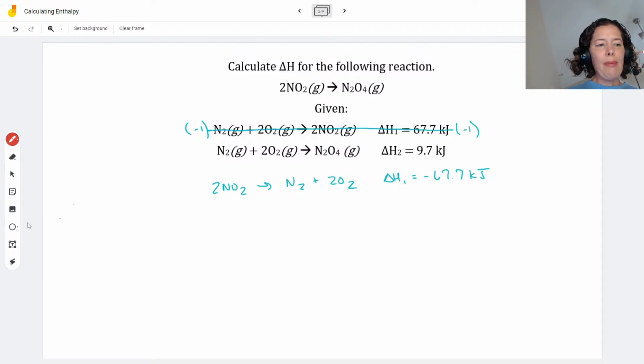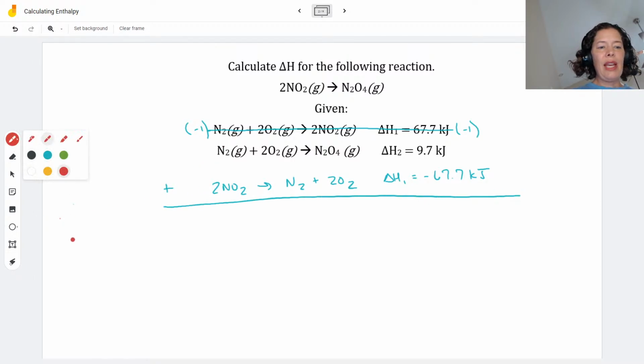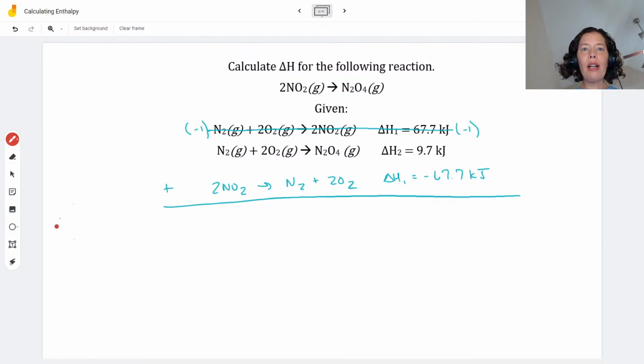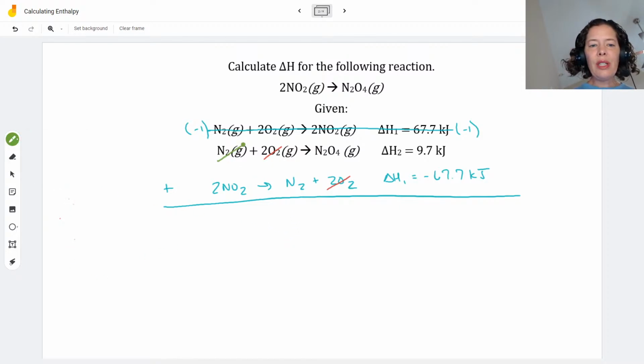Okay, let me switch back. I am basically adding these two reactions together. And to help myself, I'm going to cross out what adds out. So my O2s are adding out, and actually I think I'm going to use a different color here. And you can see that my nitrogens add out.